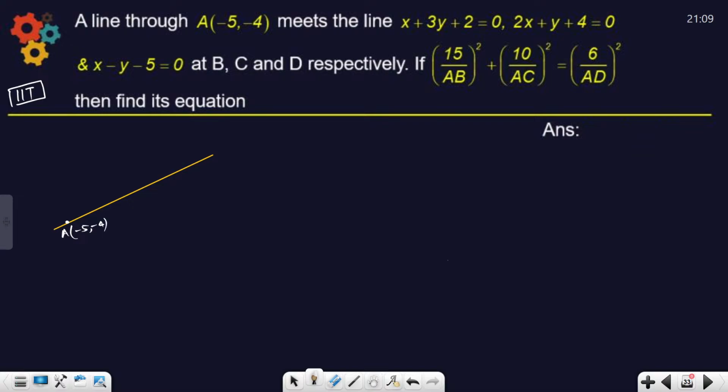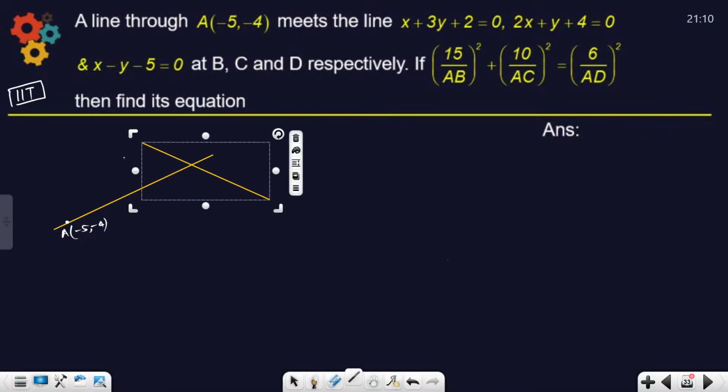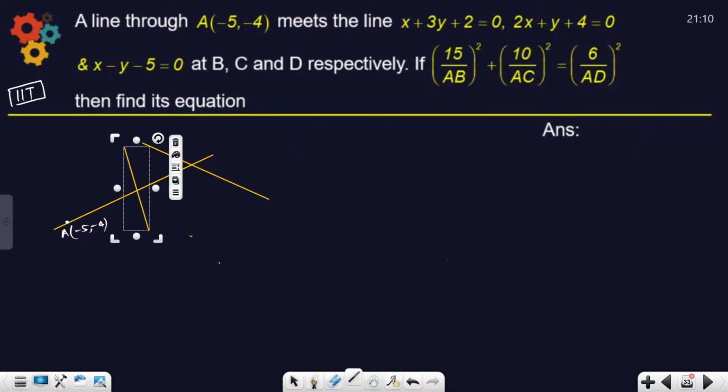Tomorrow I will start my class after solving these problems that I am going to give you as homework. There is a line passing through the point (-5, -4), and it meets 3 lines.